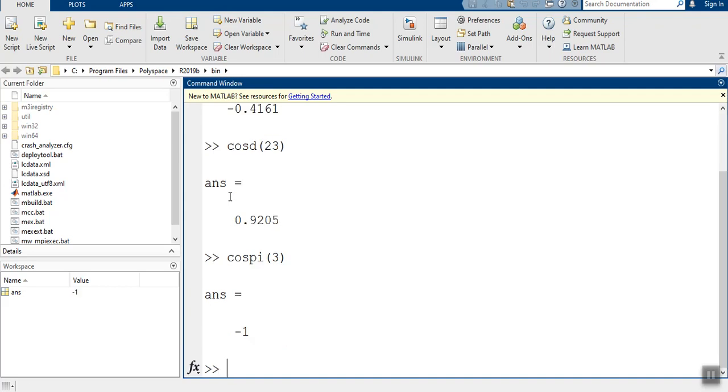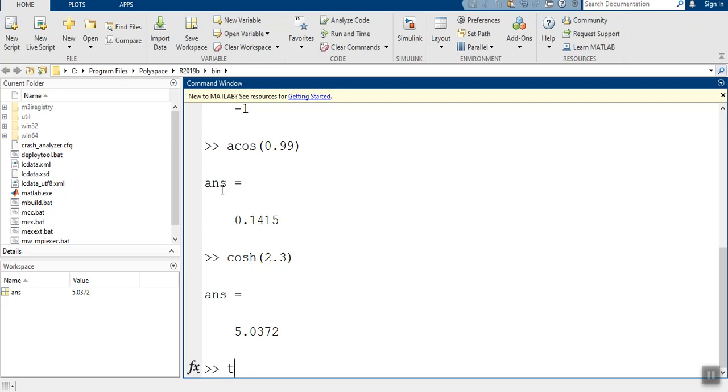In the similar way, acos of 0.99, the value is this one. In the similar way, hyperbolic cos, cosh of 2.3, you will get the corresponding value. So in the similar way, we can find all the values of cos.